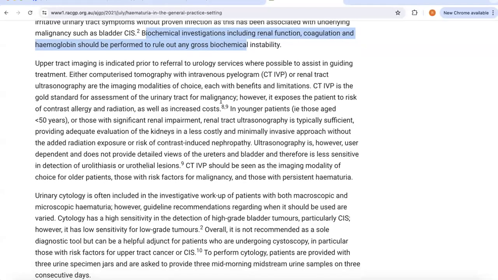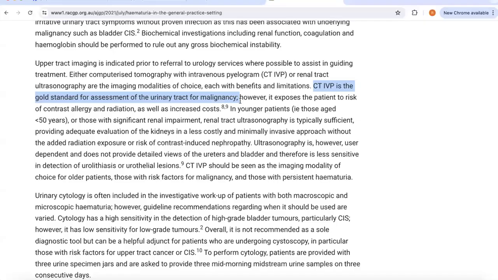And then you'd do two things. One, you'll do a CT IVP or ultrasound based on the patient. CT IVP, which is the CT intravenous pyelogram, is the gold standard for urinary tract malignancy. This is mainly needed in patients who are high risk, like males above 40 or above 50 who are smokers, with a history of occupational exposure and other risk factors.